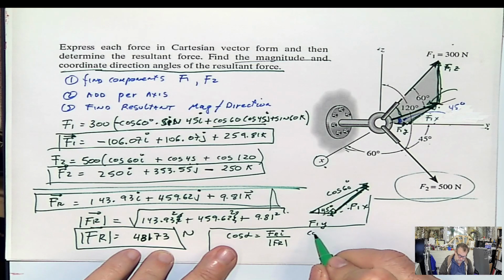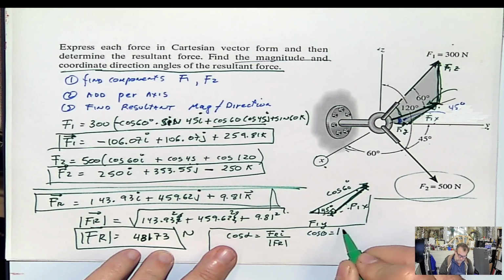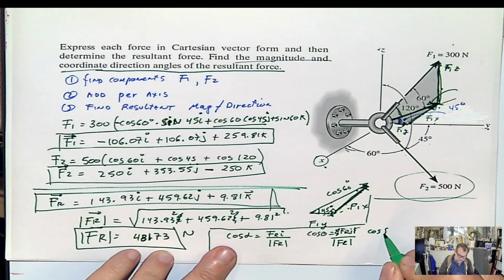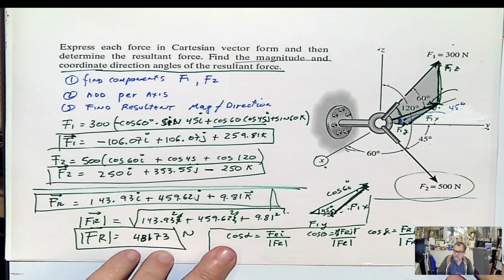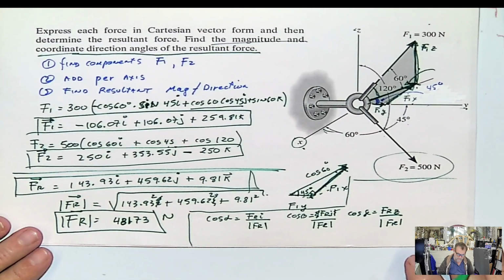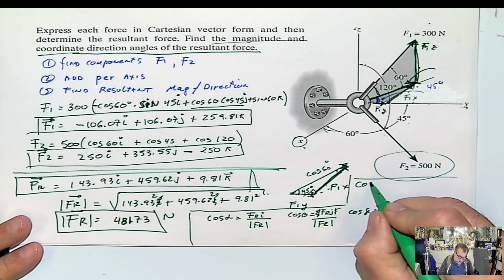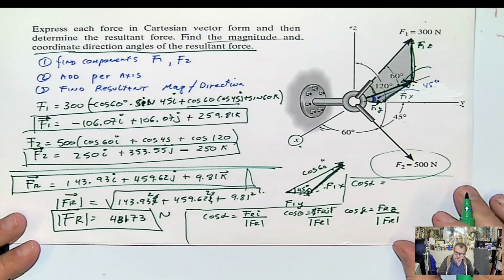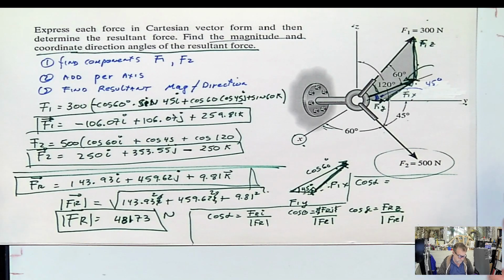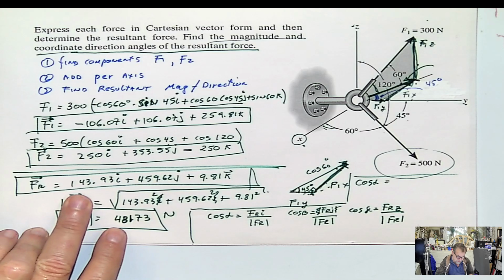Cosine beta is the j component divided by the magnitude of the resultant force. And cosine gamma will be the component in the z direction divided by the magnitude of the force.